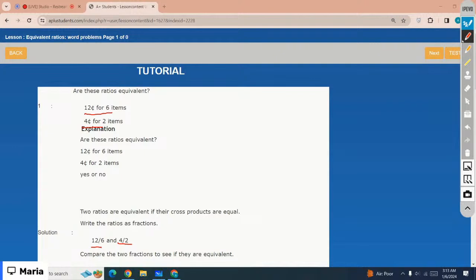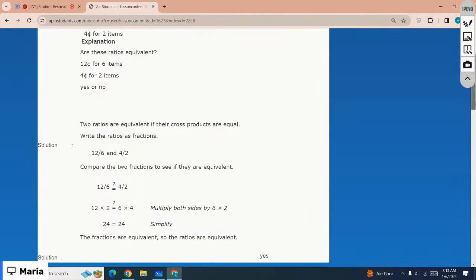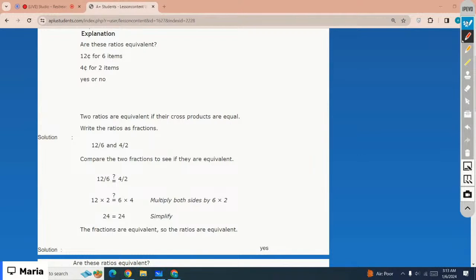So how do you compare two fractions? You have to cross multiply, right? Cross multiply means 12 over 6 equals 4 over 2. You have to multiply 12 times 2 and you have to do 4 times 6. So if both sides are exactly equal, that means yes, they are equivalent. Got it?